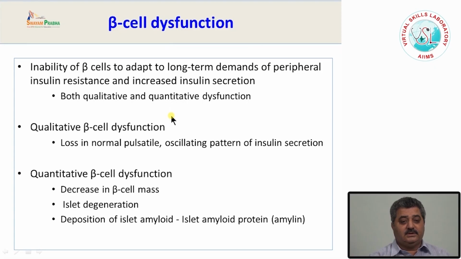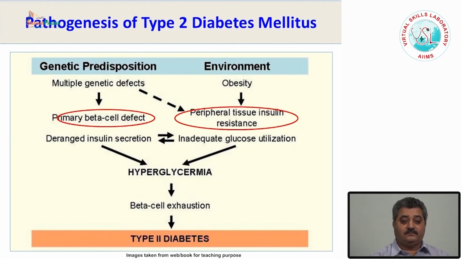And with this insulin resistance, initially the beta cells, the islet cells, try to compensate for the insulin levels. So there is hyperplasia, but ultimately it leads to dysfunction of these cells, and the number of these cells also decreases, as I told, because of the deposition of amyloid, which may cause pressure atrophy.